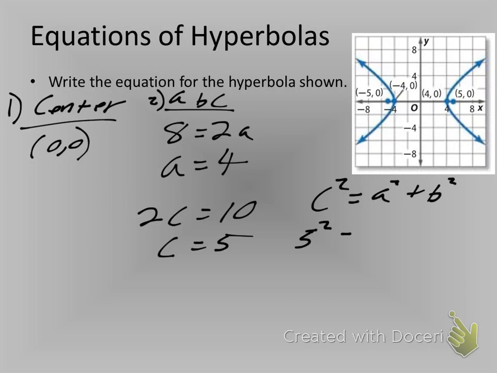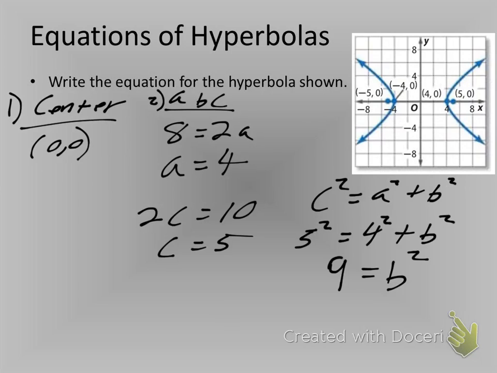So you get 5 squared equals 4 squared plus b squared, which is 25 equals 16 plus b squared, so b squared equals 9. You don't need b itself, you just need b squared. Now you got everything you need. What's your center? 0, 0.